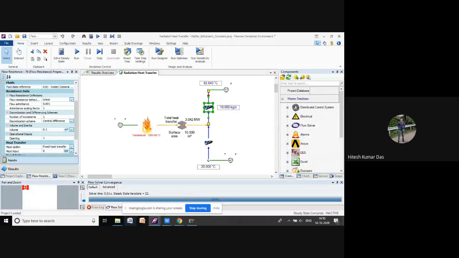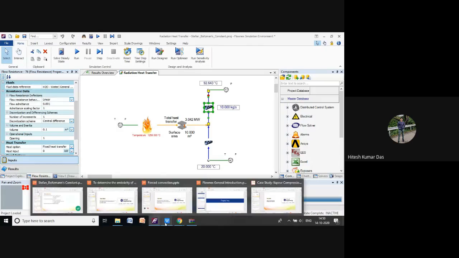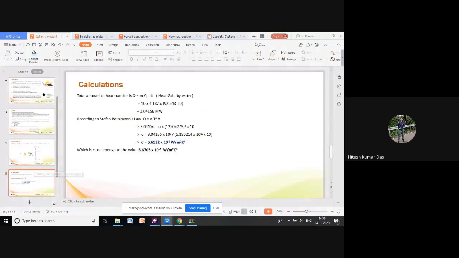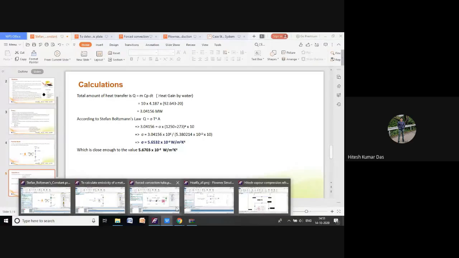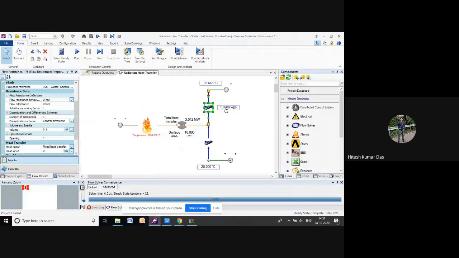For this case study, our aim is to calculate the Stefan Boltzmann constant. So you can see the calculation and how much Stefan Boltzmann constant we are getting through our network. The total amount of heat transfer is measured as Q equals m Cp delta T. For this, we have used m as the mass flow, 10 kg per second, because the mass flow is only 10 kg per second.